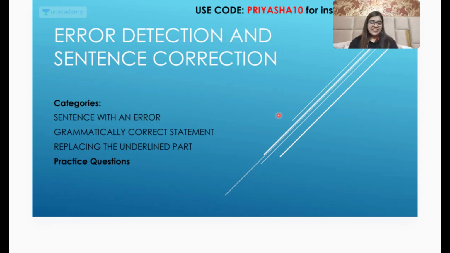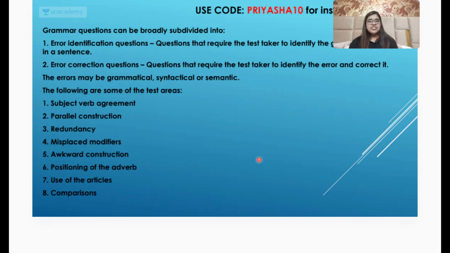Fine, we'll start. The first thing which I need to tell you, apart from what I already told, so for the ones who joined now: the key to getting accurate answers in error detection is that we are going to take it lightly, we are going to be casual, and then only will we be able to score better in this section.